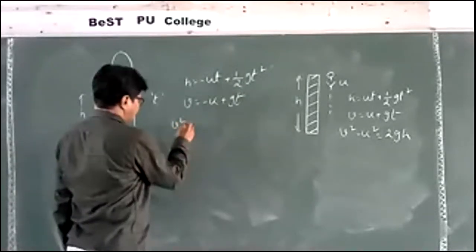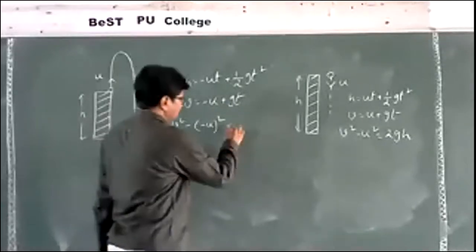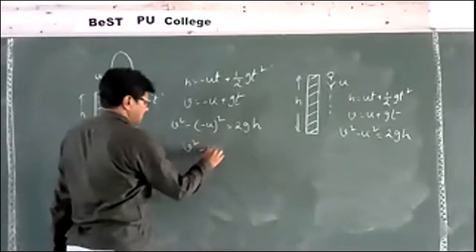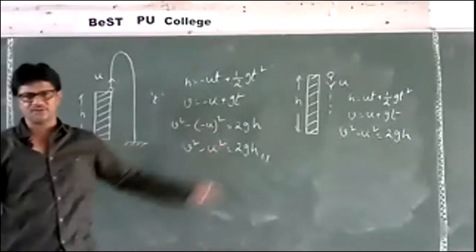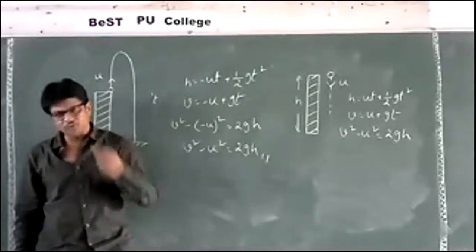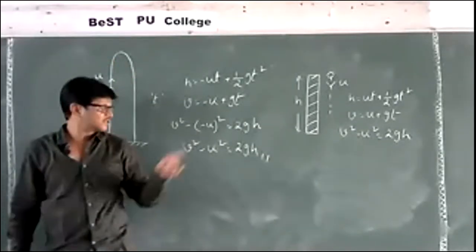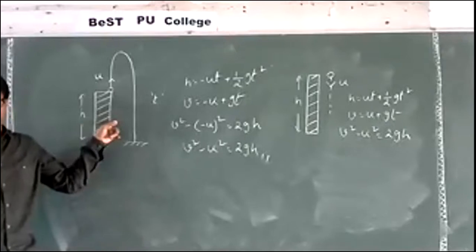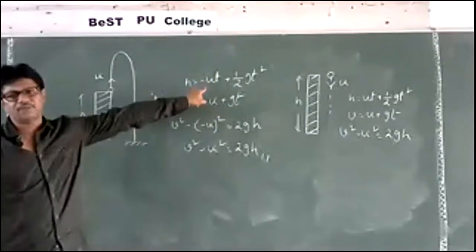So that is v square minus minus u whole square is equal to 2gh. Whatever formulas we used when a body is projected vertically downwards, the same formulas we can use here also, whereas instead of u there, here we have to consider minus u.